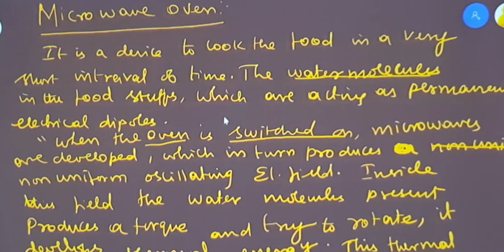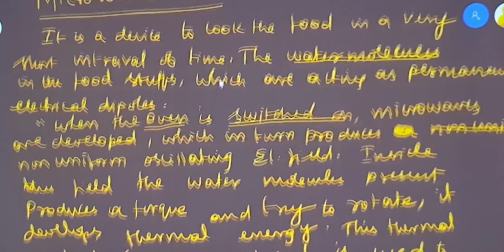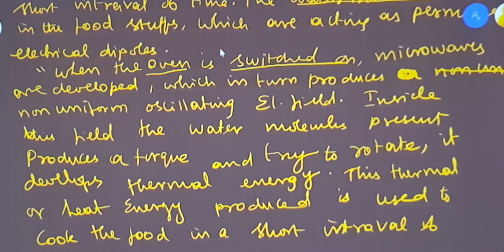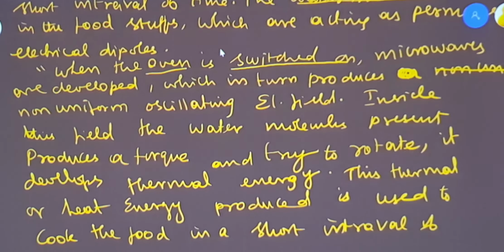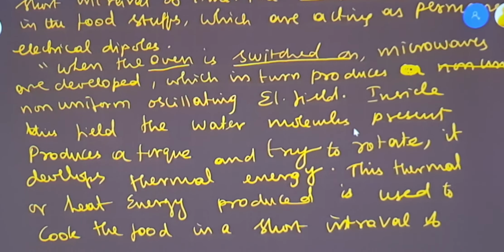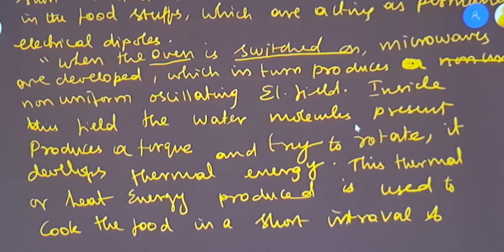When the oven is switched on, what happens? The microwaves are developed, and the developed microwaves in turn produce a non-uniform oscillating electrical field. Inside this field, the water molecules present produce a torque.